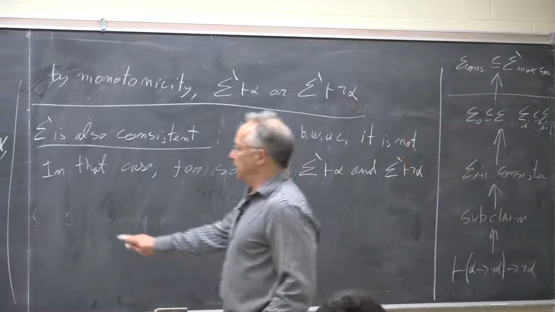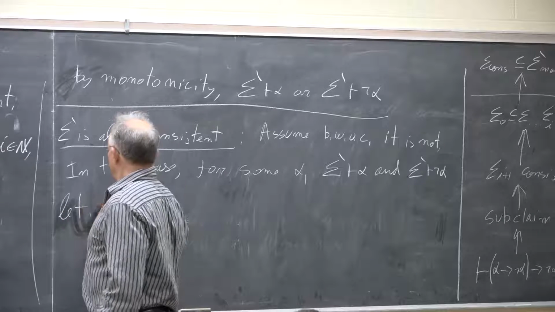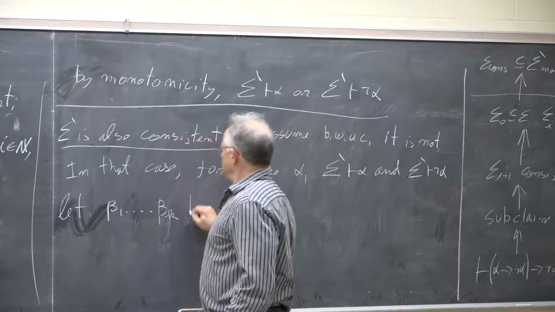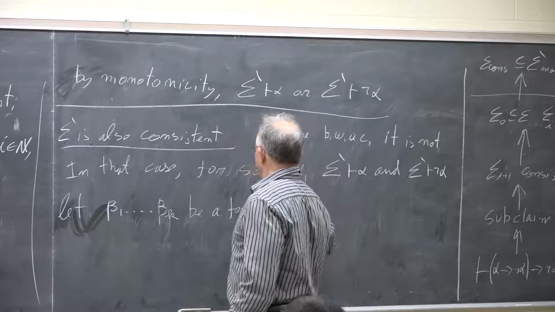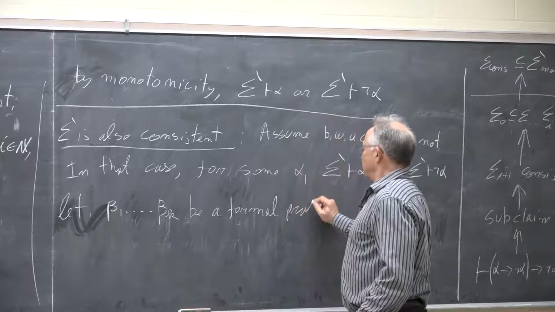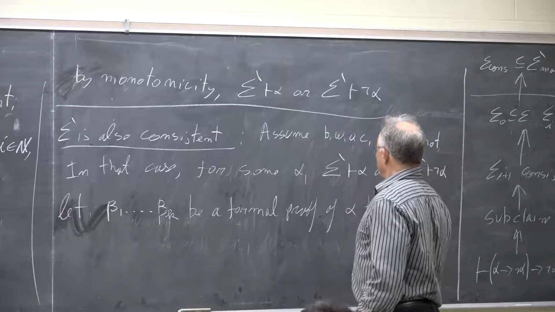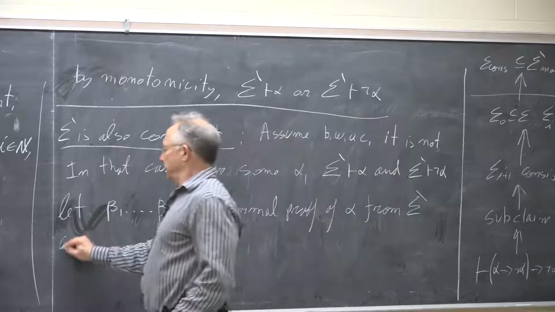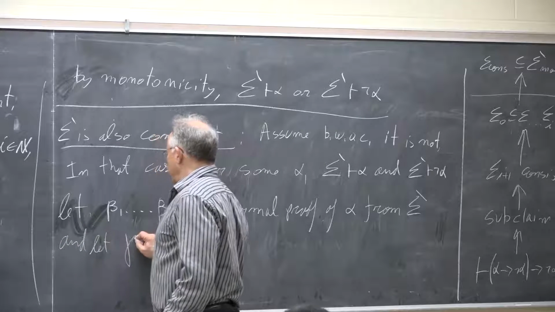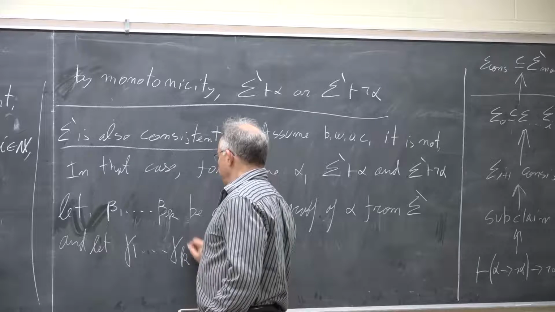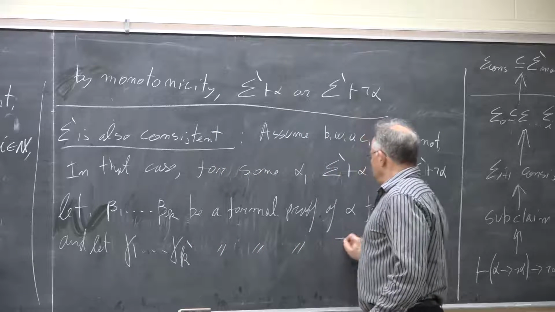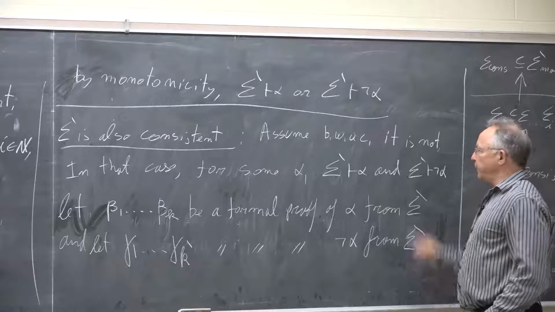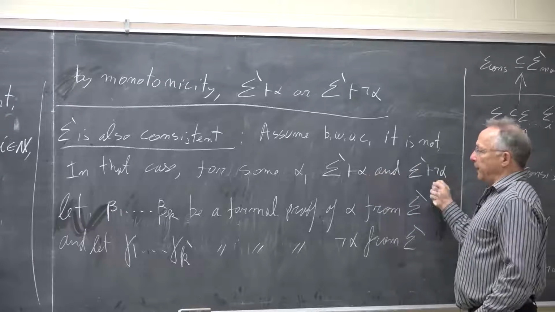So let, say, beta 1 up to some beta k be a formal proof of alpha from sigma prime, and let, say, gamma 1 up to gamma k prime be a formal proof of neg alpha from sigma prime, because if it is inconsistent, it can prove both alpha and neg alpha.